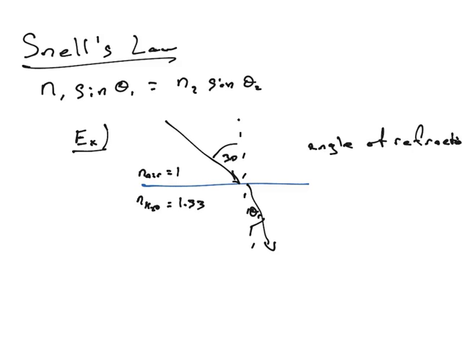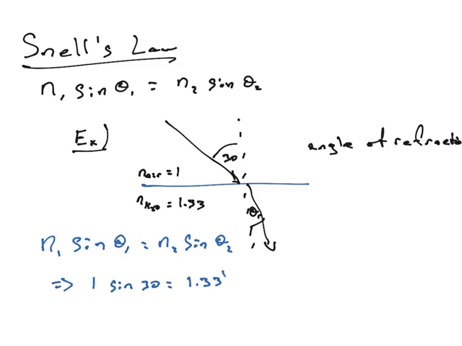All right, so Snell's Law, that's the equation we use for refraction. N1 sine theta 1 is N2 sine theta 2. We're starting in air, so 1 stuff is air: 1 times the sine of 30. 2 is the thing we're going into, which is water. So N2 is 1.33 times the sine of theta r, which is the thing we want. So I want to calculate this for theta r.